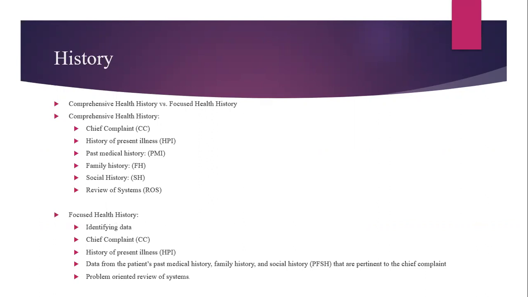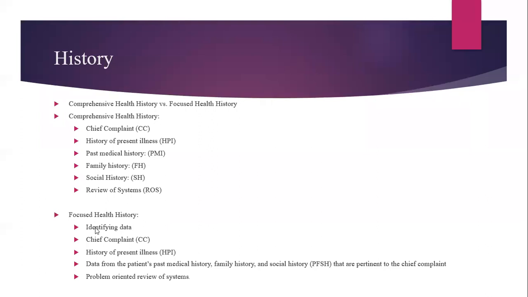What the health history focuses on might be, for example, things related to smoking, weight gain or weight loss, or an age-specific problem, right? Or if the patient said, I have a pain on the left side of my chest, you have to focus on the cardiovascular system, right?